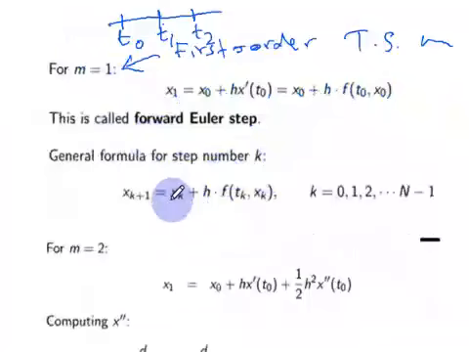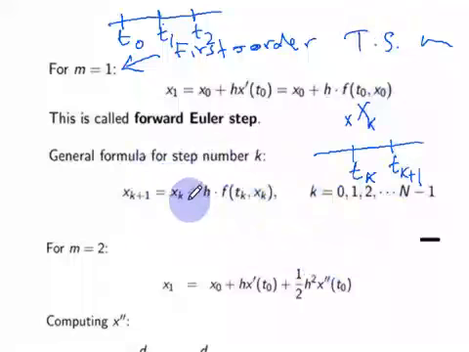If we know the k-th approximation value of the x function at tk, this is an approximation value. Then using this formula you can find an approximation at this point, x k plus 1 here.